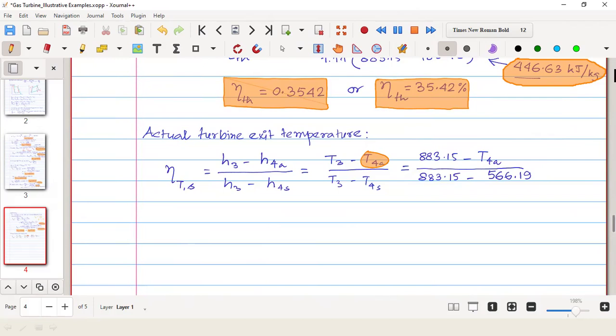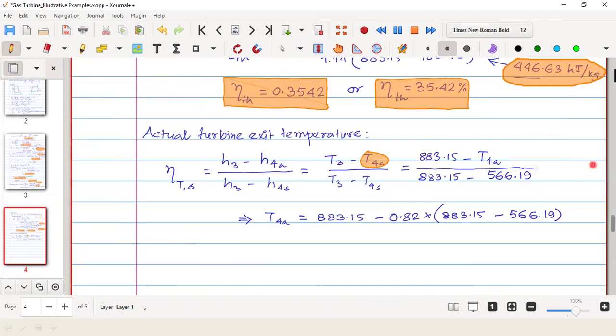Therefore, T4A is equal to 883.15 minus 0.82 multiplied by 883.15 minus 566.19.